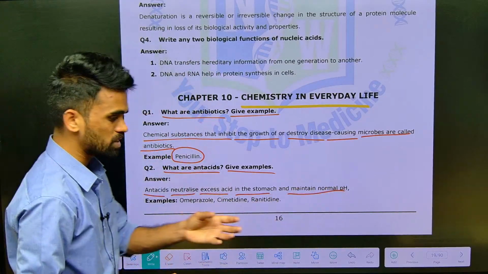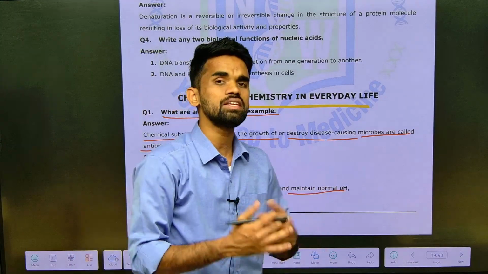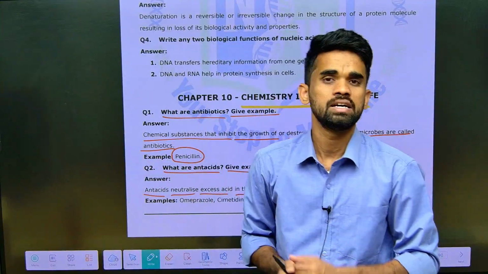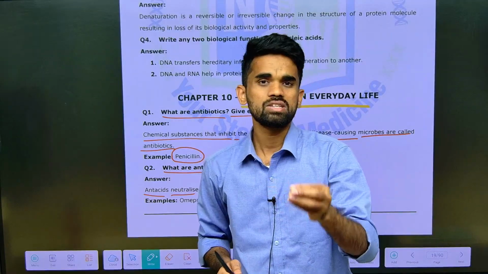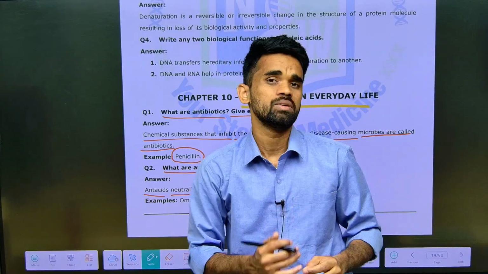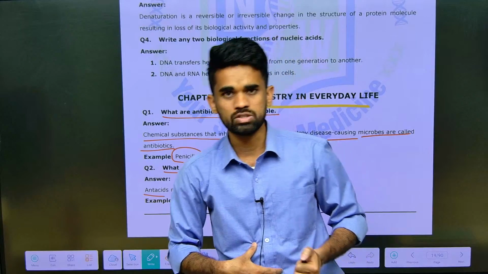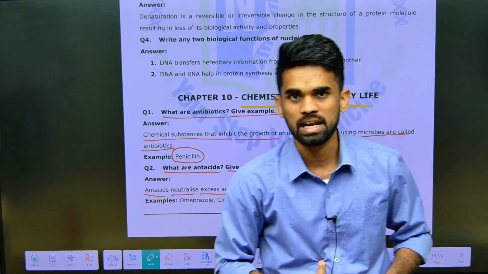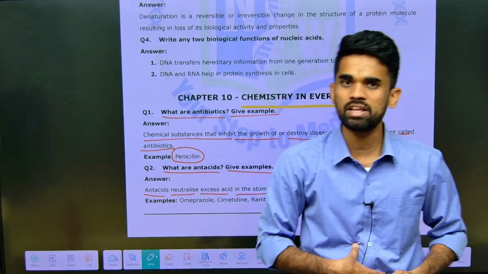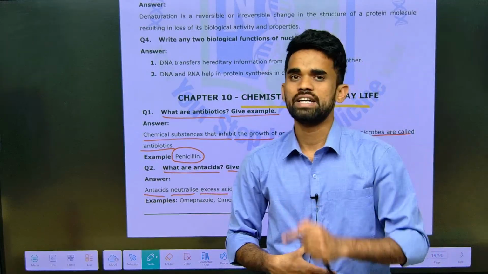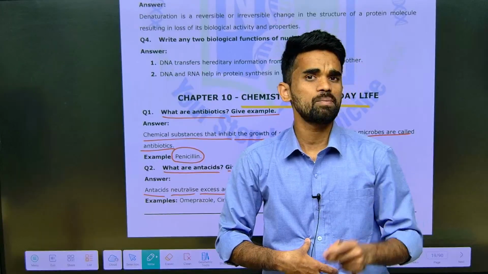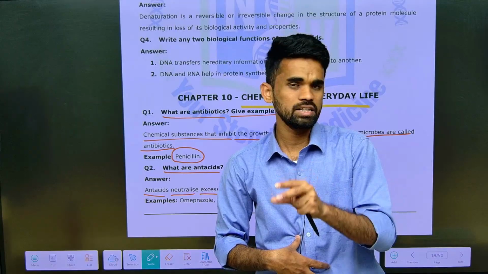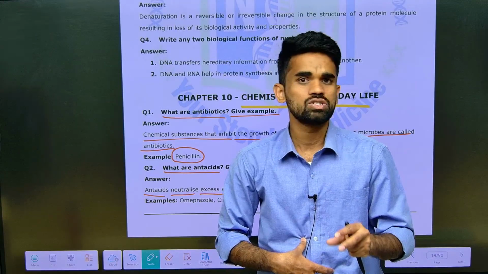In the stomach there will be HCl, which is very useful for digestion. Now if the person is not taking food on time, or not in sufficient amount, what happens?